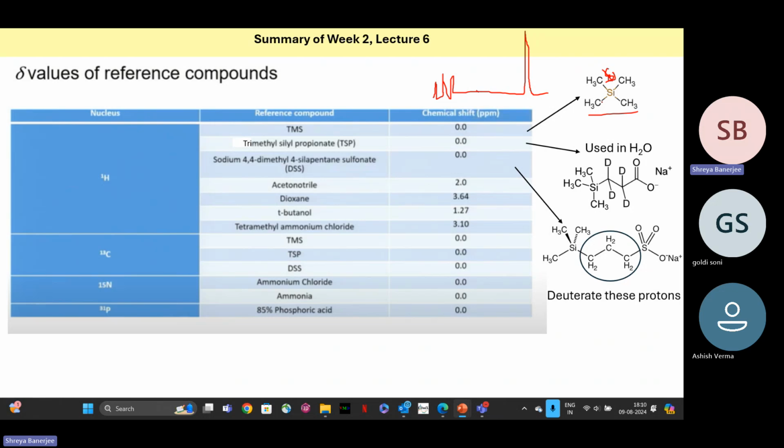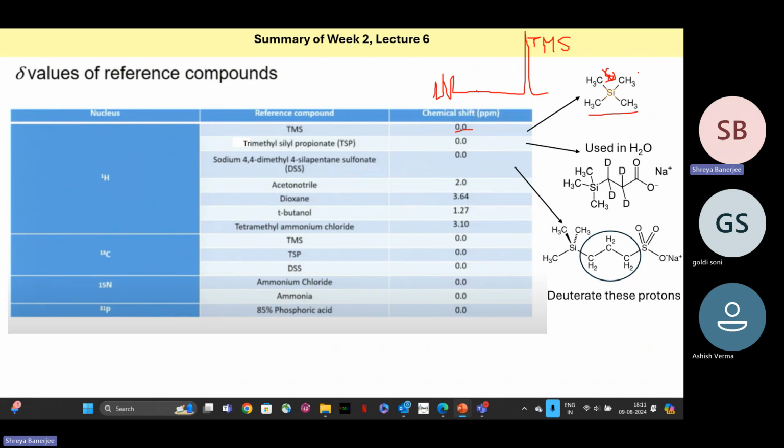The carbons are very much shielded. So that is why we can assume TMS to be 0, because it will appear most to the right of the spectrum. So it is a good reference because it can be considered as a chemical shift of 0.